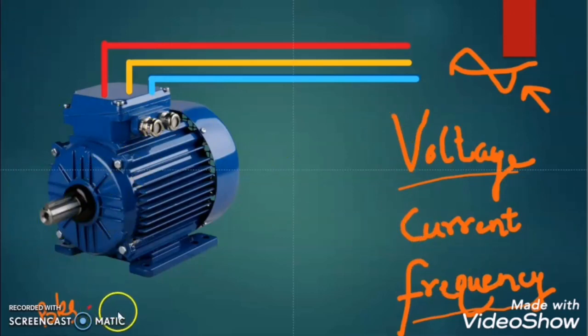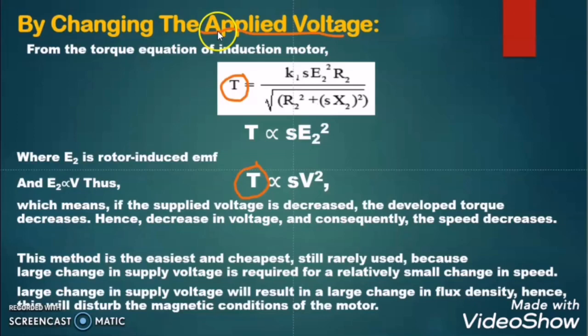Or we discussed the second option, that we have to make some alteration in the motor itself in order to regulate the speed of the motor. In part 1, we discussed that when we try to change the supply voltage in order to regulate the speed of the motor, we are compromising with the torque.